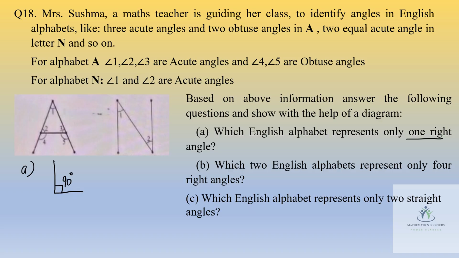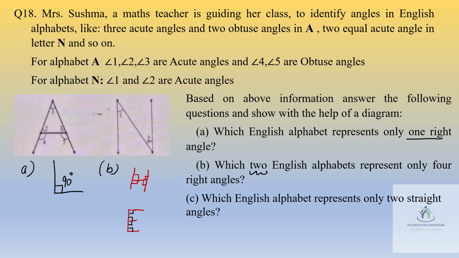Which two English alphabets represent only 4 right angles? Only 4. For 4 right angles, you can use H: 1, 2, 3, 4, and E: 1, 2, 3, 4.